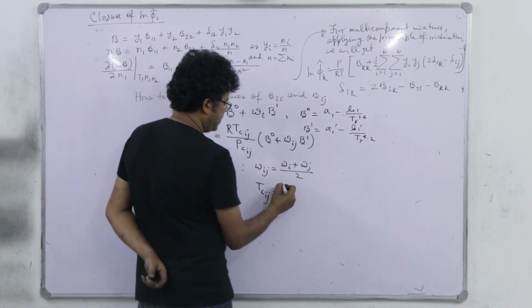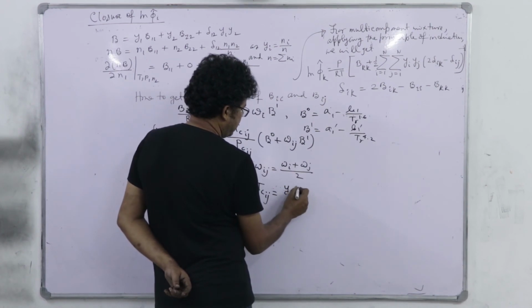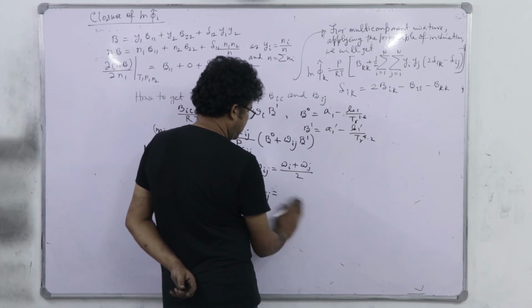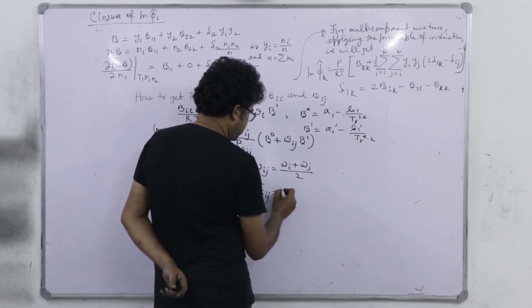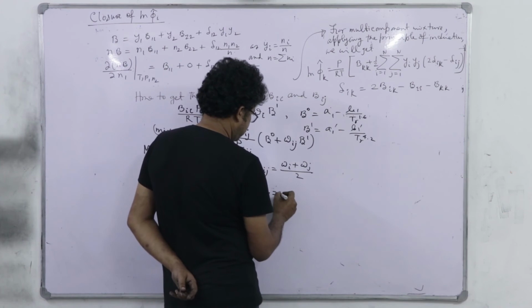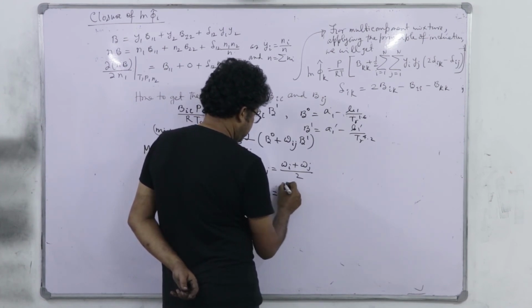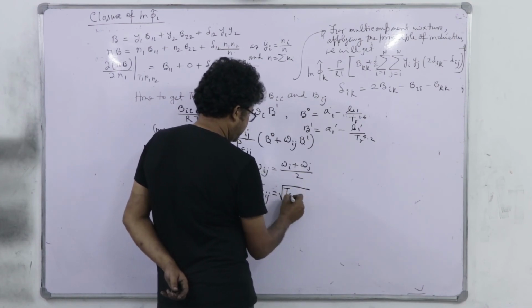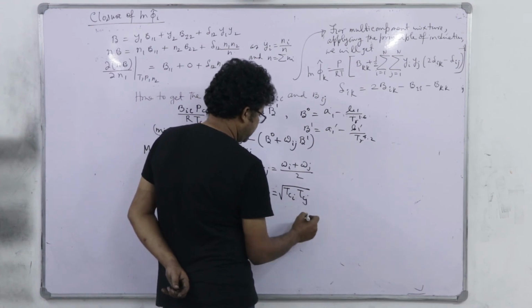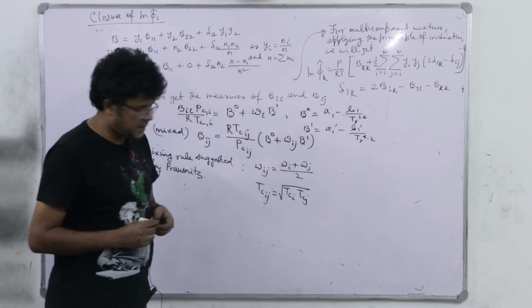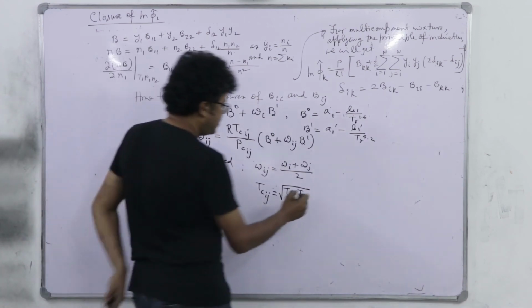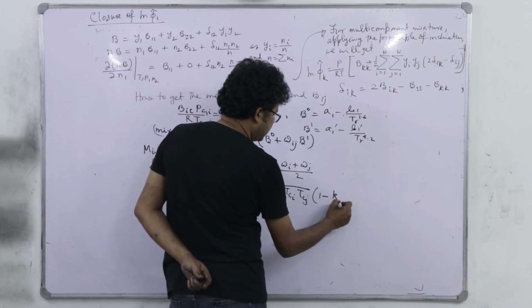TCij is TCi into TCj, to the power half, into 1 minus Kij.